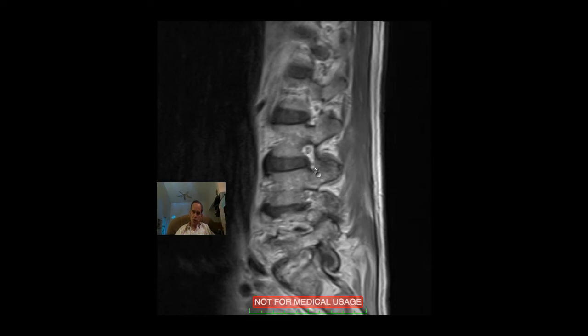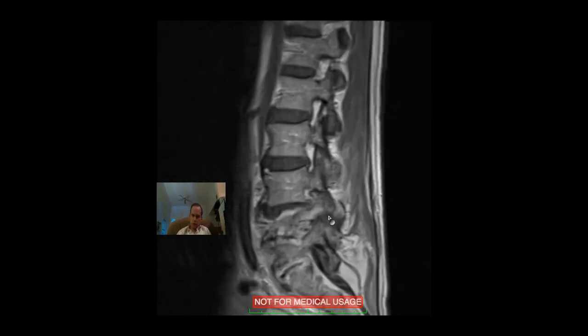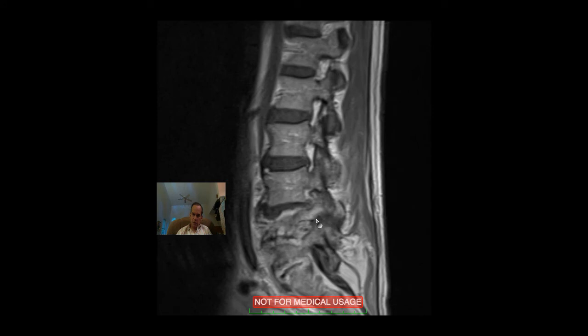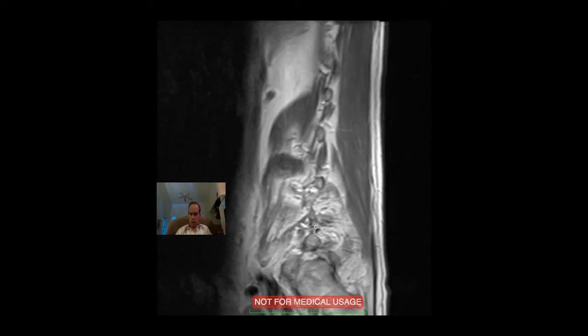They're in a classic keyhole shape, and so when you see that fat starting to get obliterated like it is here, you know that there's increasing pressure on the nerve root, and sometimes you can see that the neural foramen is sufficiently obliterated that there is unlikely to be any normal configuration of the nerve root within that neural foramen, and that it's largely effaced and deformed by the encroachment upon the neural foramen by the adjacent bony and cartilaginous structures.